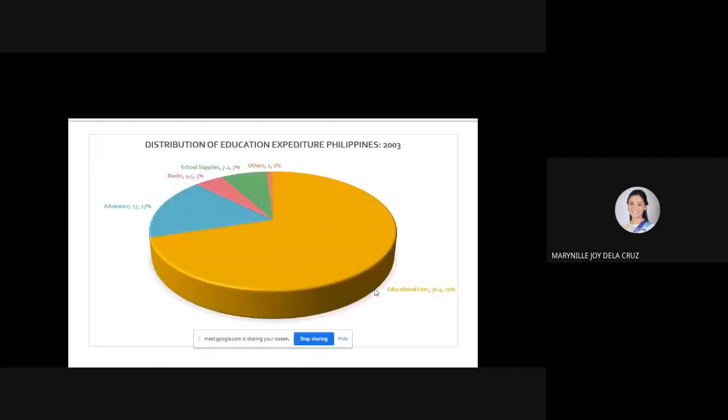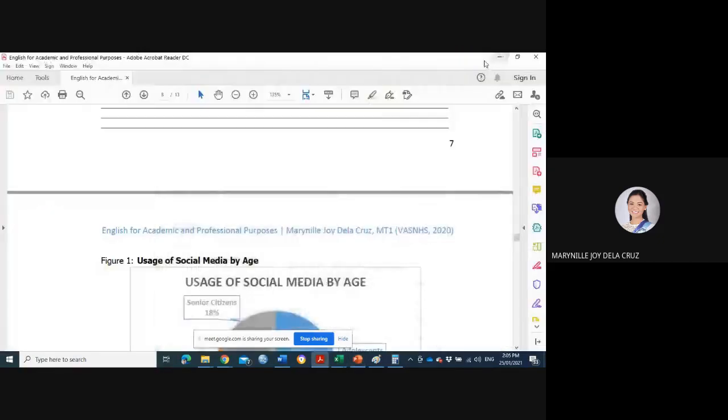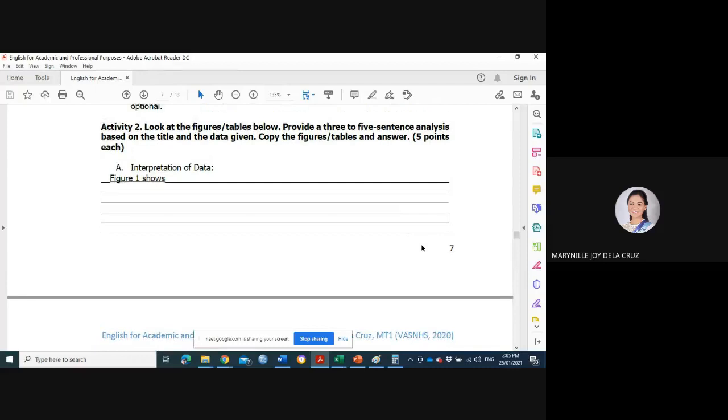And another example is a pie or a circle graph. Let me remind everybody that you do not need to use all of the different examples of the graph or chart. You need to choose which of those examples is appropriate for your target research.